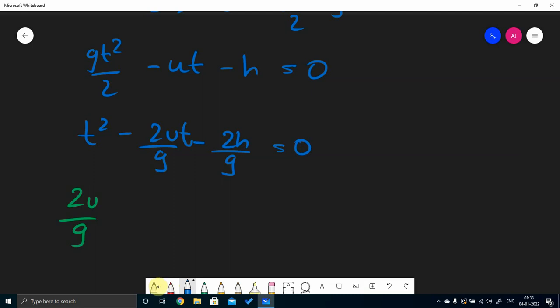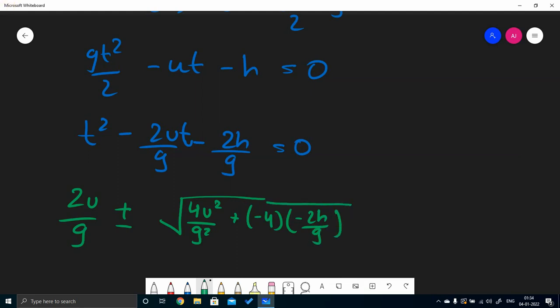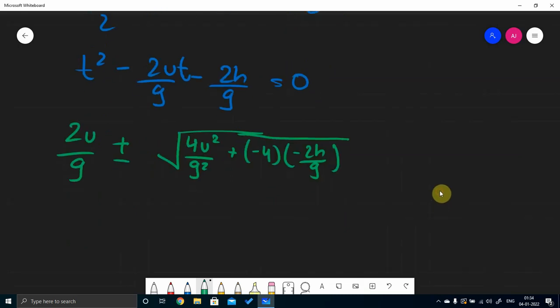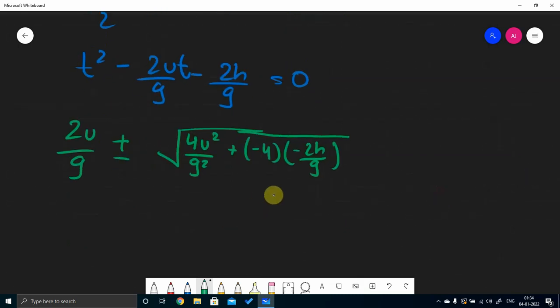So minus b plus minus under root b square. b square is going to be 4u square by g square, minus 4 times minus 2h by g, and the entire thing should be divided by 2a, that's basically 2.